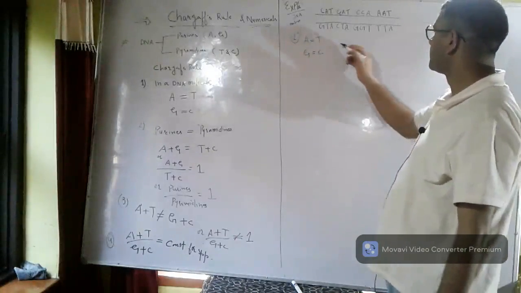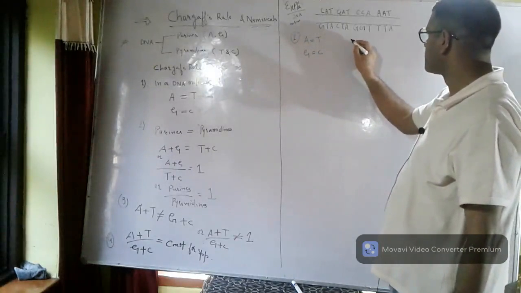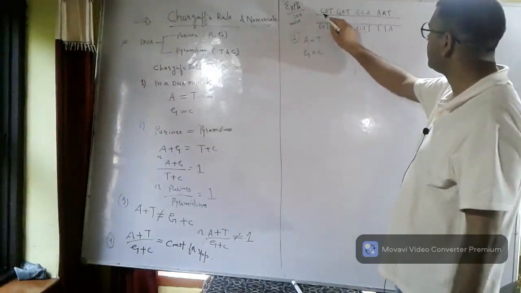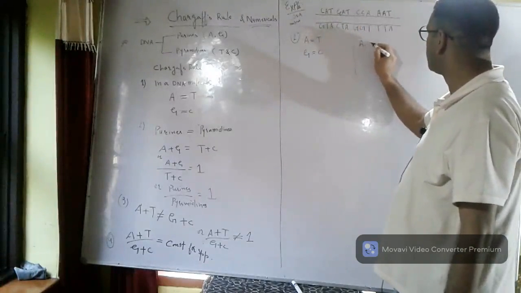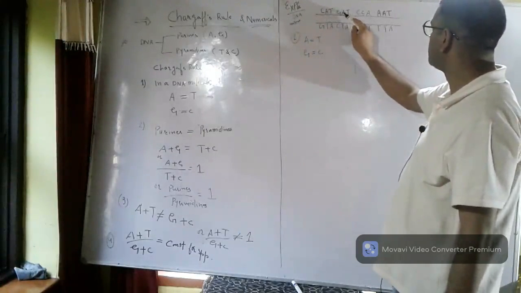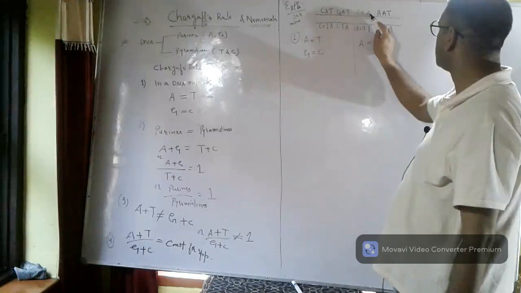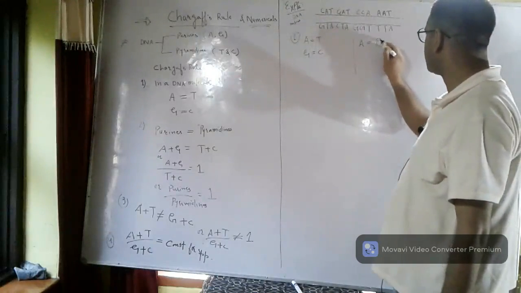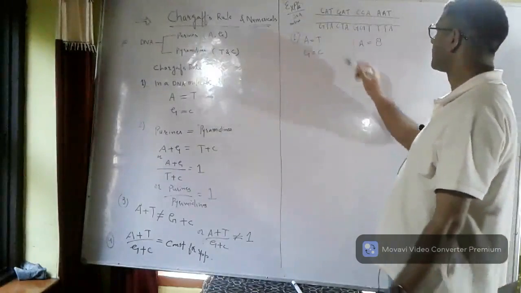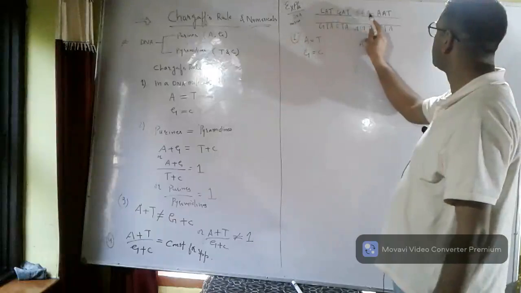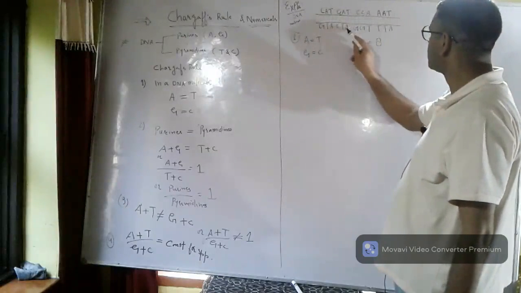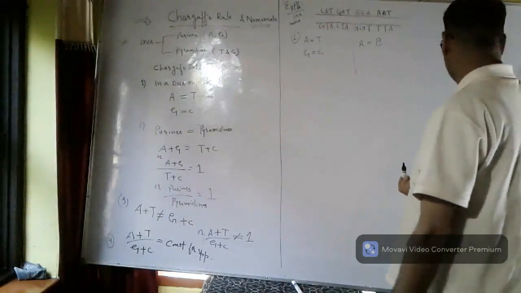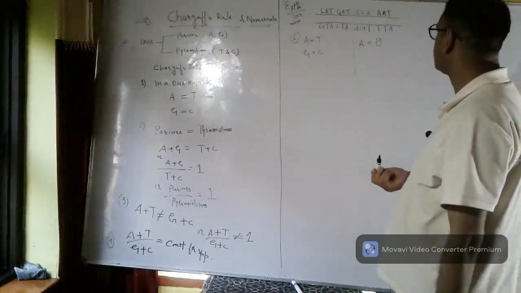We will calculate how many adenine are there. Adenine: 1 2 3 4 5 6 7 8, 8 adenine.